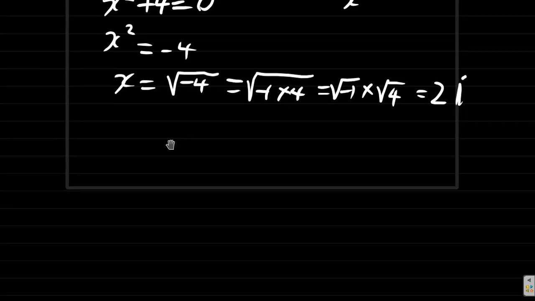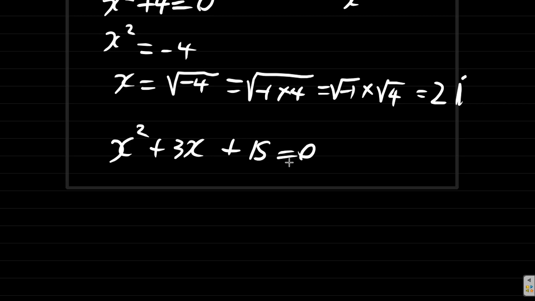Now, you could also have a case where you have, say, x squared plus 3x plus 15 equals 0. Alright? And you solve using either the method of completing the square, or the quadratic graph.